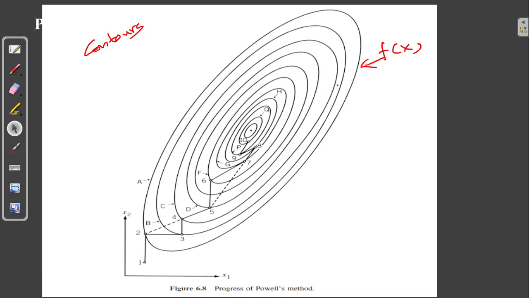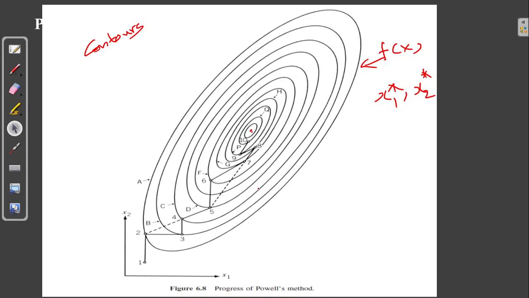This objective function f of x is getting minimized so that it is minimum at this point, and the corresponding coordinates x1, x2 we call the optimum values. So our objective is this.